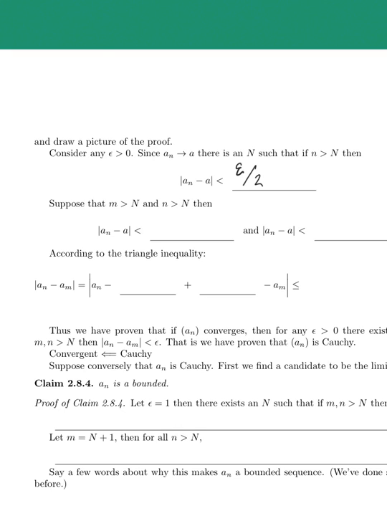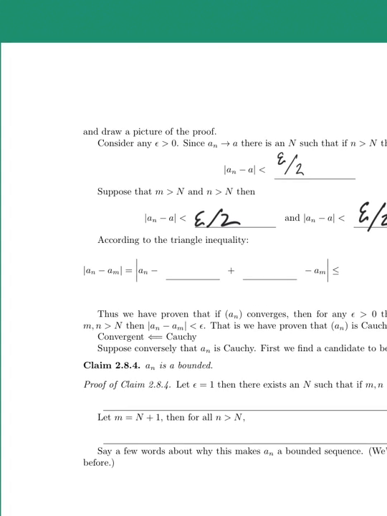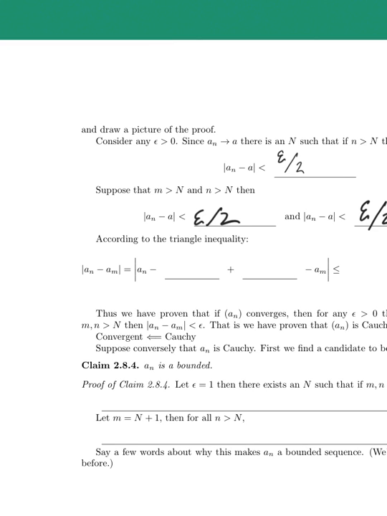Because little n is bigger than big N, this difference is less than epsilon over 2. Because little m is bigger than big N, this difference is less than epsilon over 2. And the picture on the previous page, the one that I drew off to the side, was of a triangle. So that tells me I'm going to need the triangle inequality to compute the distance from a sub m to a sub n. I'll compute the distance from a sub n to a, and the distance from a to a sub m.